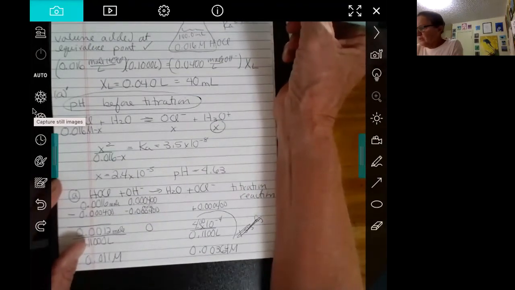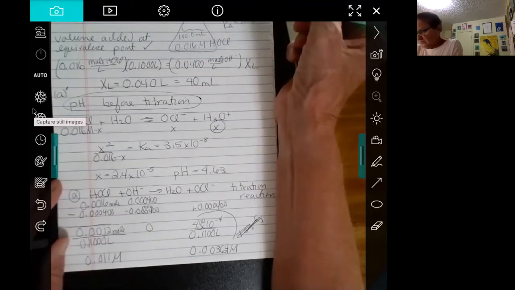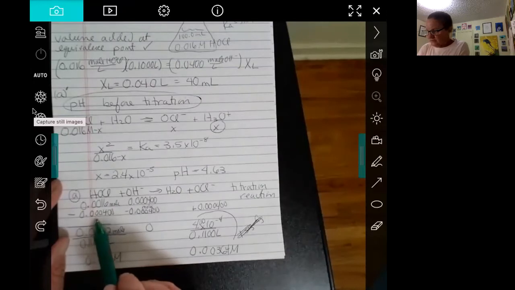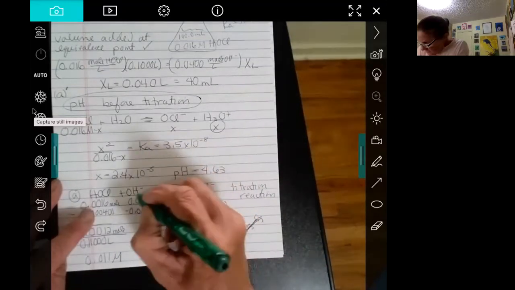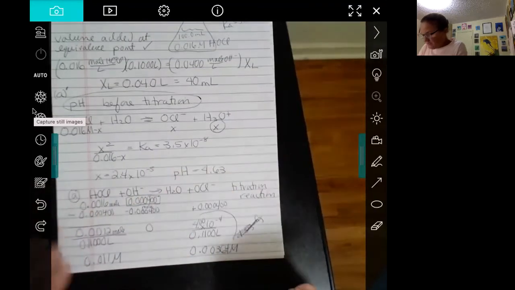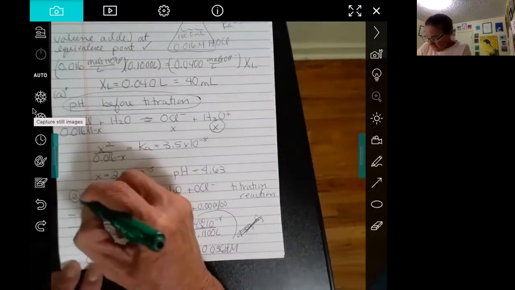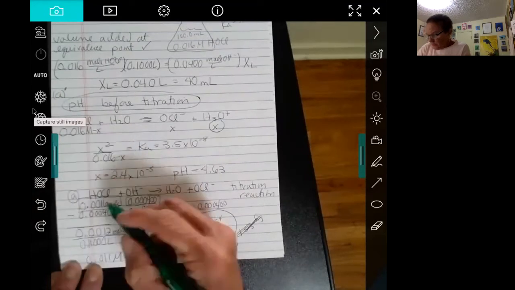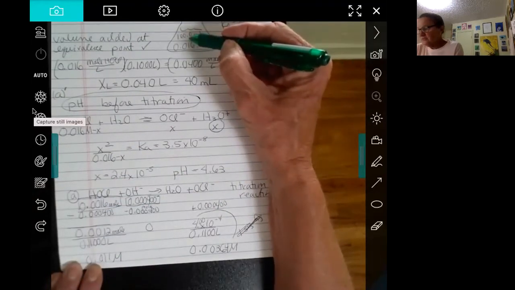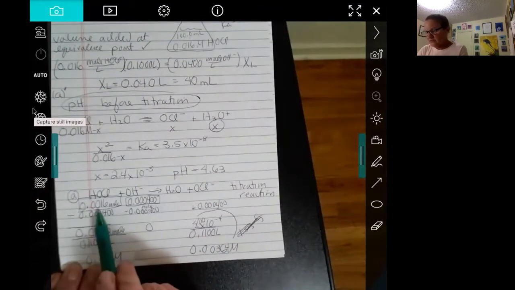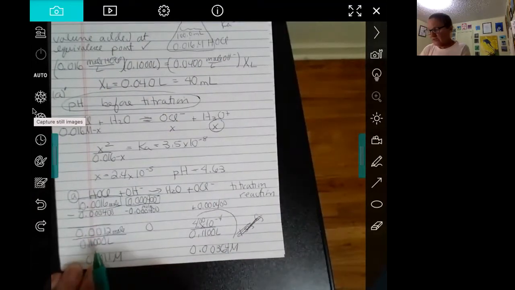If I multiply 0.04 times 0.001, because that would be 10 milliliters, I get 0.0004 moles of sodium hydroxide added. I started out with 0.016 molar times 0.1 liters, so I started out with 0.0016 moles of the weak acid.